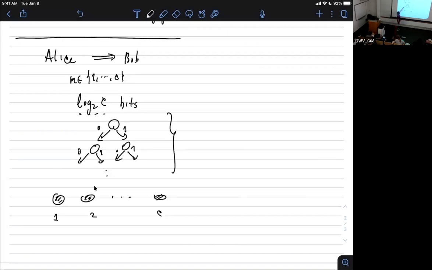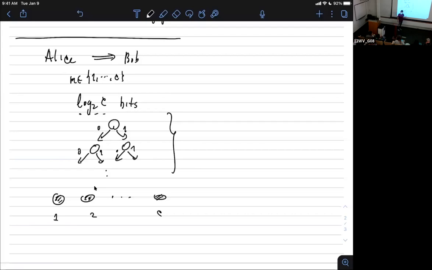Let's imagine that Bob knows that there are only 2 possible messages that Alice is likely to send to him. What that corresponds to is that the probability of each of those 2 words that Alice is going to send is 0.5 and 0.5, and all the others are 0. What that means is we really don't need, let's say, log 2 of C many bits.